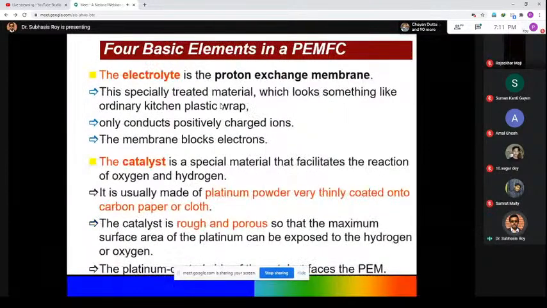Then important is the electrolyte for the proton exchange membrane fuel cells, and finally the catalyst. We also try to replace the highly costly Pt catalyst with other forms of catalyst like ruthenium or others.